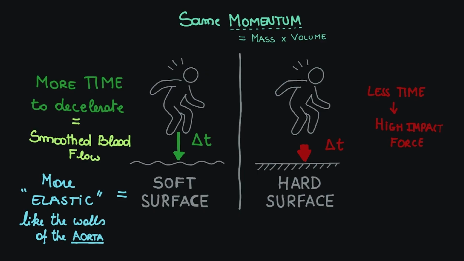So the same momentum is dissipated more gradually and the shock wave is attenuated. So it hurts less on the legs. Likewise, the elasticity of the aorta smooths out the pulsatile burst of cardiac output, converting intermittent jets into a steady arterial stream.